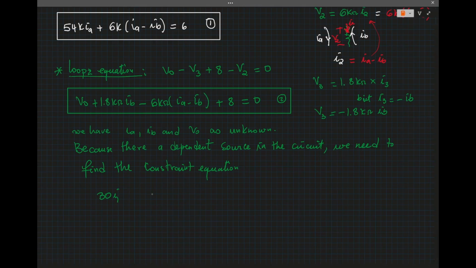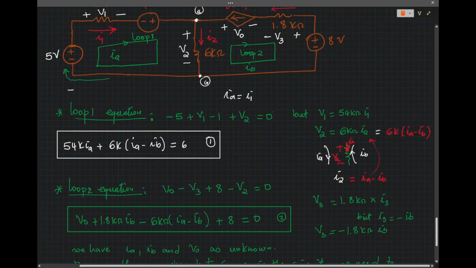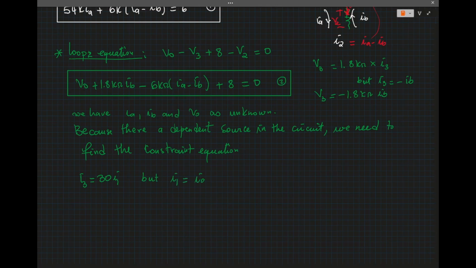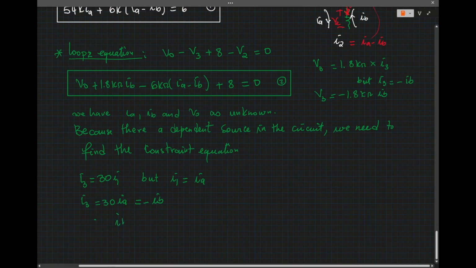I1 equals IA, so I3 is 30 IA. But I3 is equal to negative IB. So IB equals negative 30 IA.